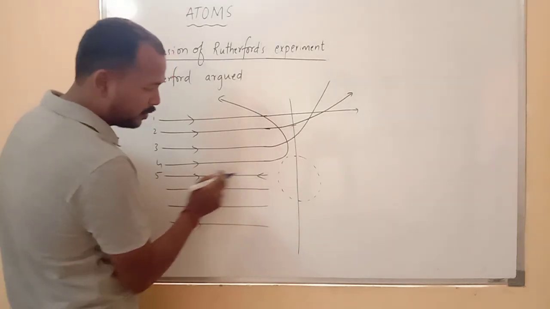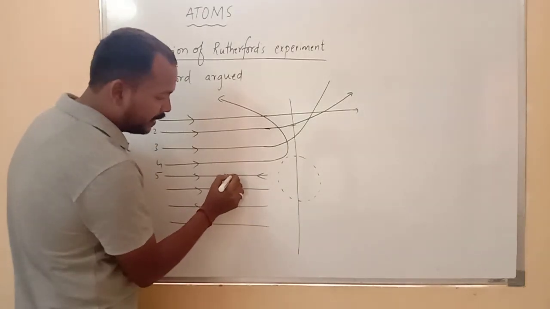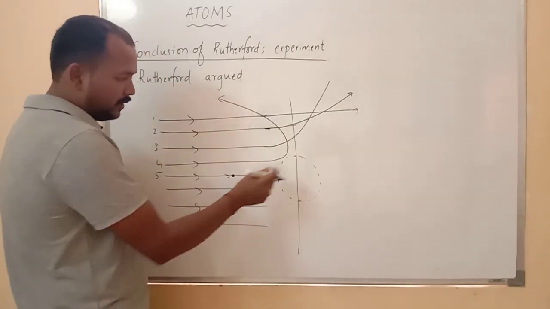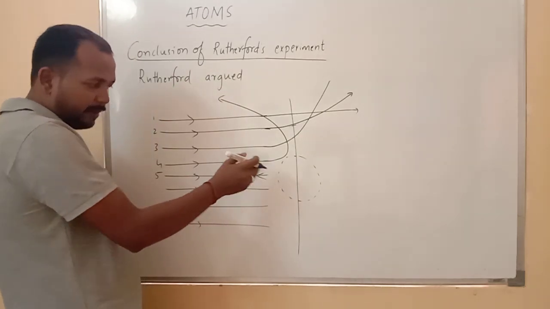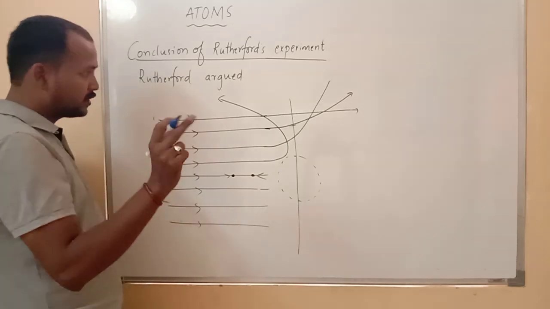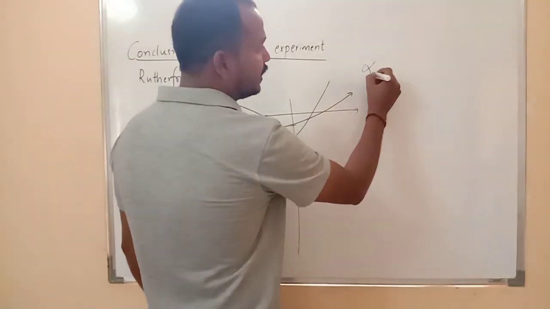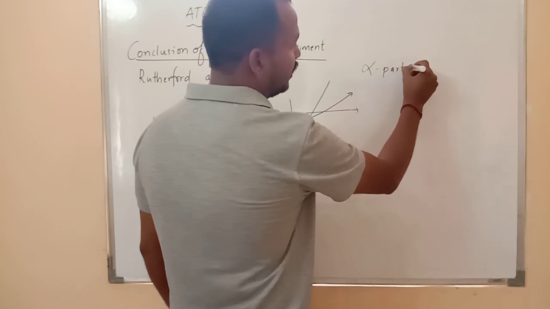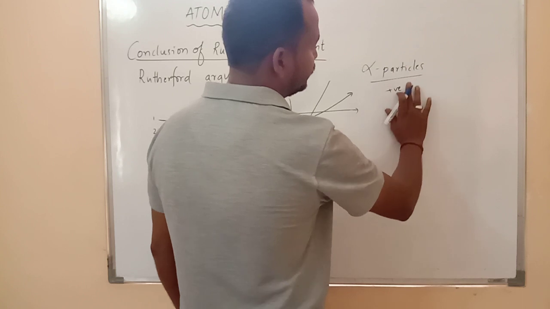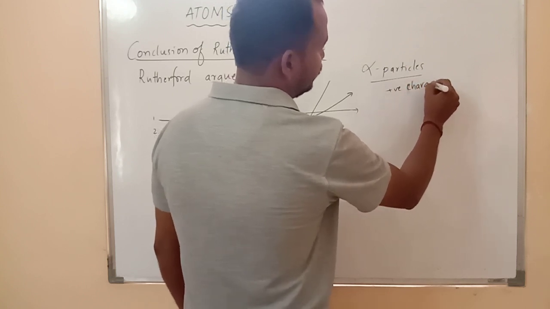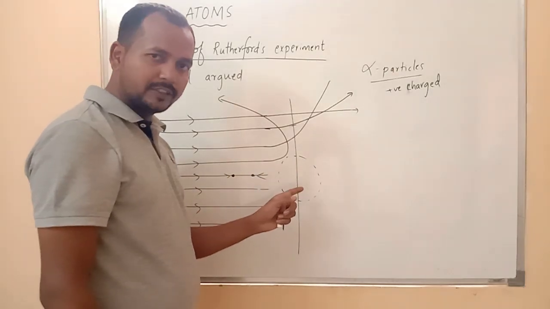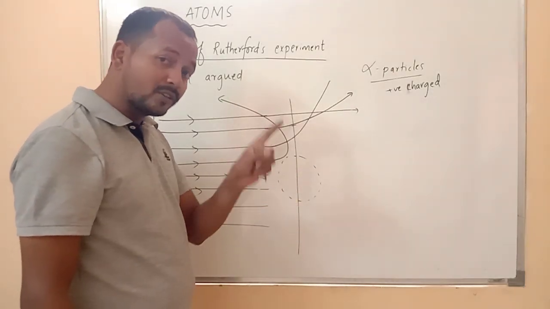So this is very important. This is one alpha particle moving towards the gold foil, incident at this point, and reflecting back. Why does it reflect back? First of all, we should understand that alpha particles are positively charged particles. If a positive charge is repelled back, then at the point of incidence there must also be positive charge.